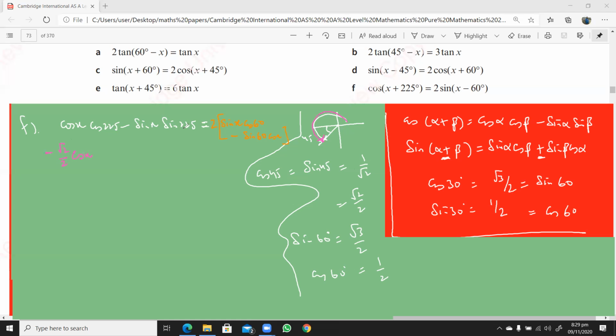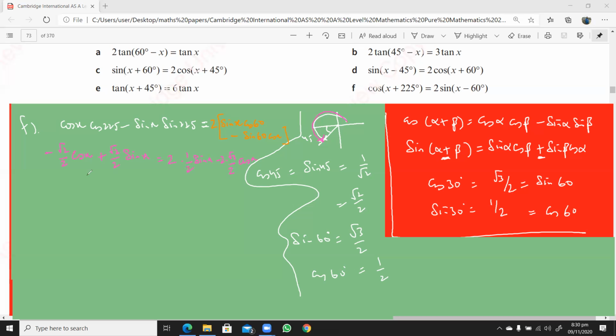And this one is also minus, so minus into minus is going to be plus under root 2 over 2 sine x. Now this one is 2 times cos 60, which is half, so 2 into half sine x, and sine 60 is under root 3 over 2, so this is minus 2 into under root 3 over 2 cos x, okay?